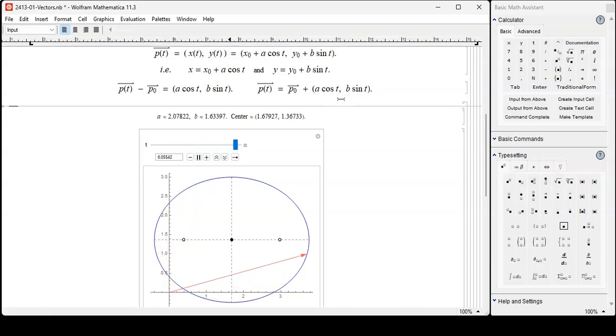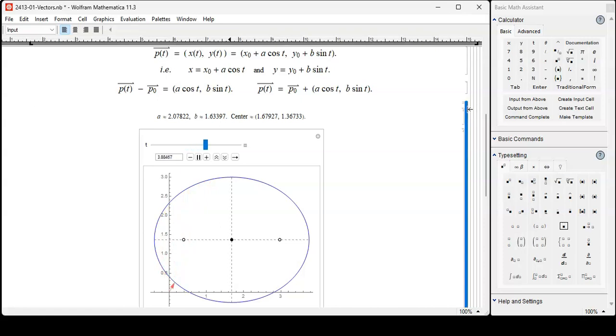If this had been just r cosine of t, r sine of t, then that would have been a circle. You know, everybody went through trigonometry, so cosine comma sine will become a circle. Everybody should know that. But instead of the same radius r, we have two different radii, a and b. So horizontally stretched by a, vertically stretched only by b. And in this case, a is bigger, so we get an ellipse stretched horizontally.